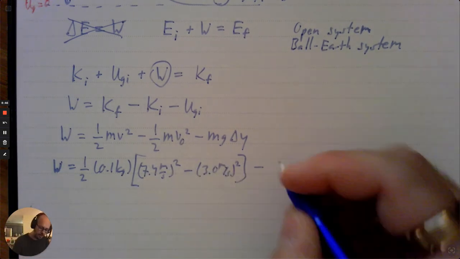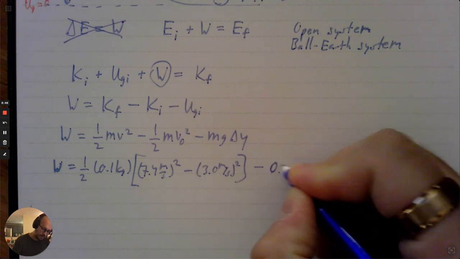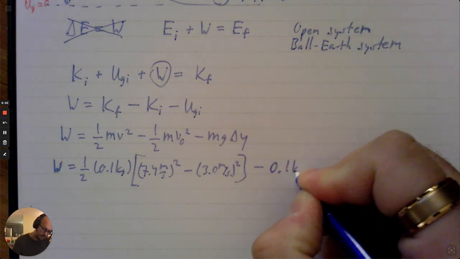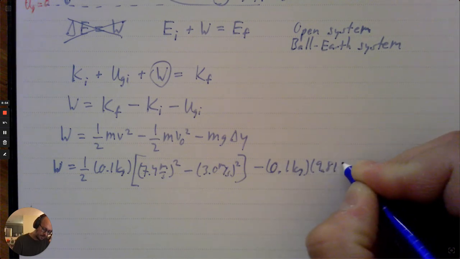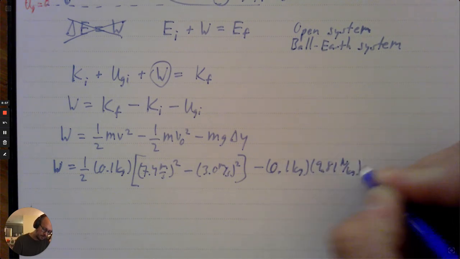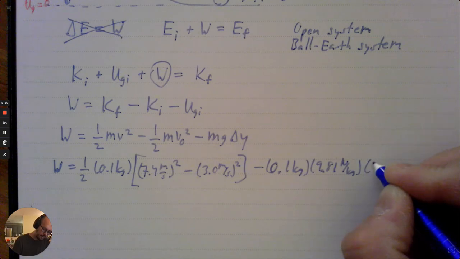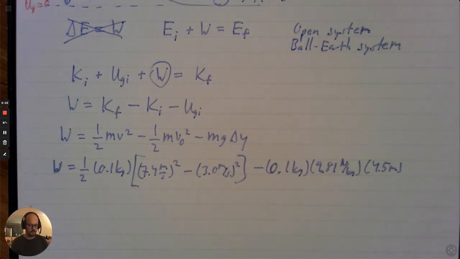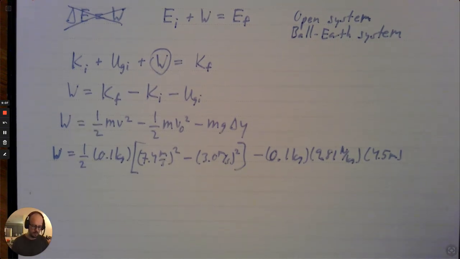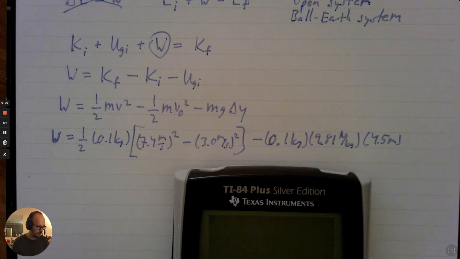And then I'm also going to take away the amount of gravitational potential energy. So that's little g, and then the height of the hill is 4.5 meters. So this is a big calculation to find the work done, but when all is said and done, the answer should just pop up.